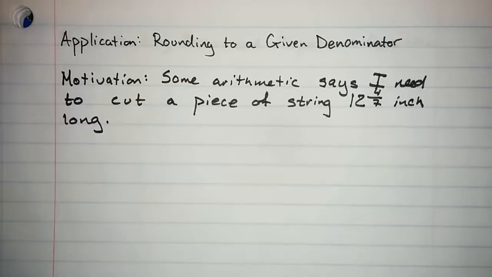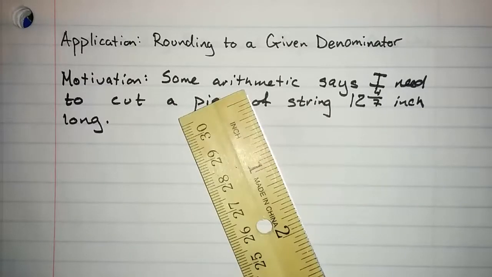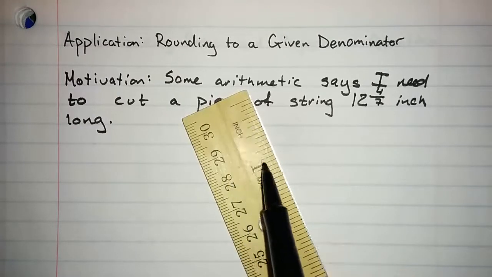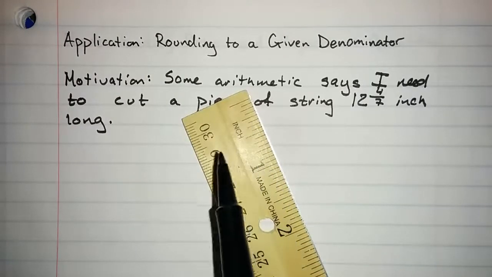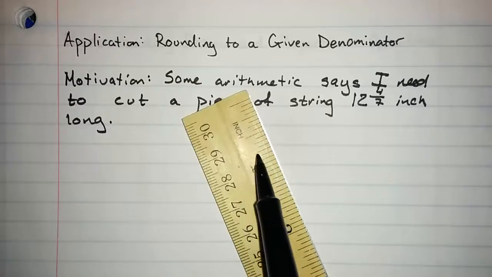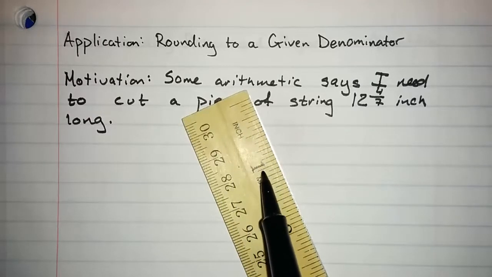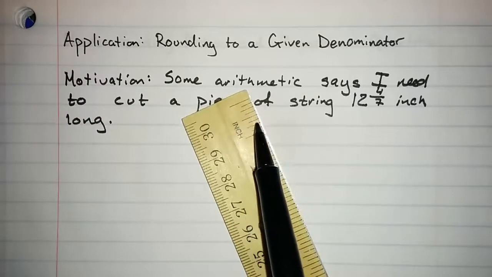So I go and get my ruler, and I look at how my ruler divides up an inch. All right, so it looks like my big mark splits each inch into 2 equal parts. And then these little marks in between, I get 4 equal parts, taking those into account. The next one's smaller.